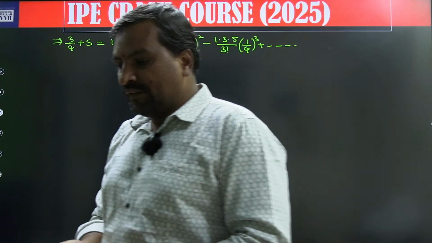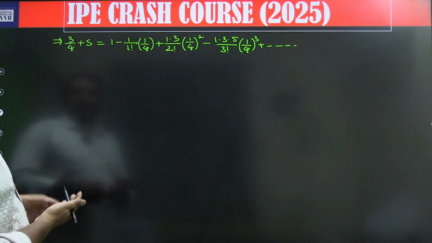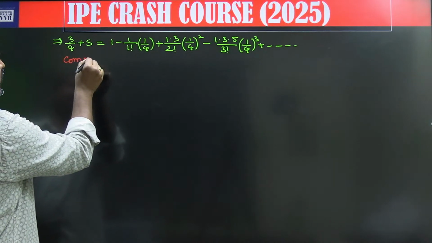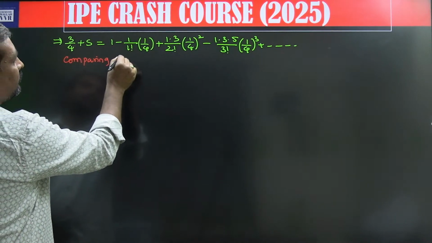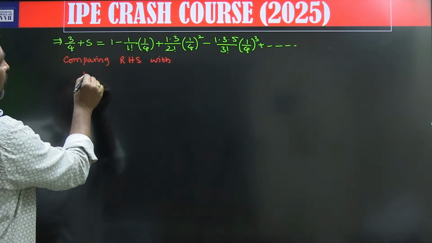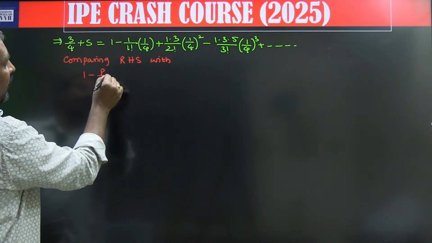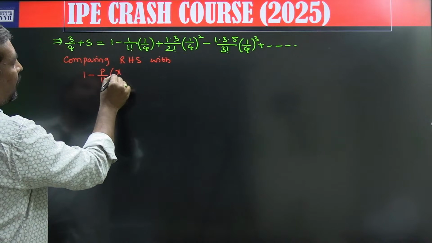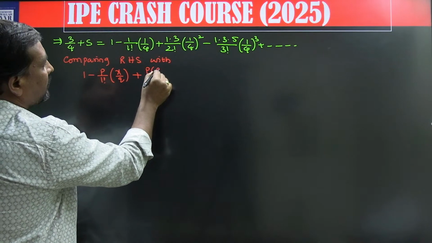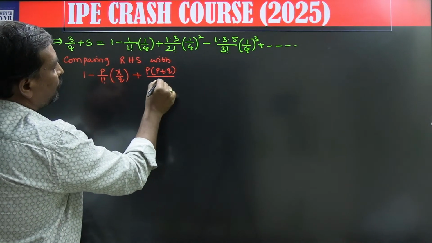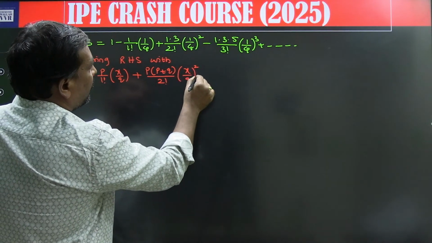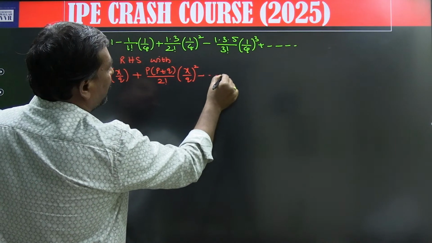So here we have to compare the RHS with 1 minus p by 1 factorial into x by q plus p into p plus q by 2 factorial into x by q whole square minus and so on.